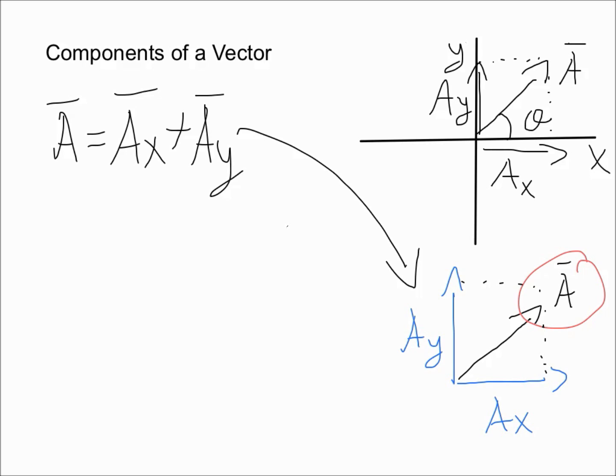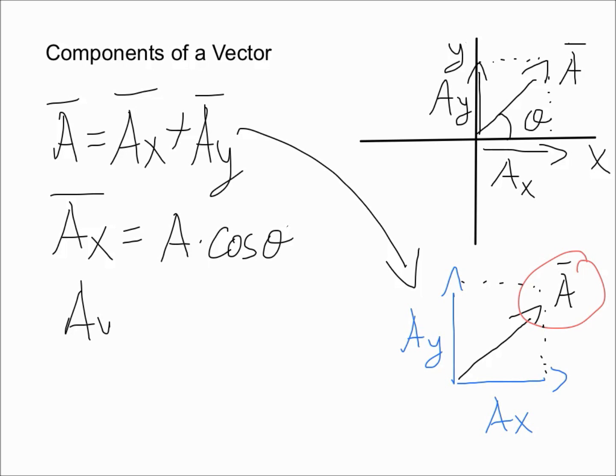And ax is equal to our vector A, but that's the magnitude of the vector in this case. That's why there's no line on top of it, times the cosine of theta, and ay is the magnitude of A times the sine of theta.